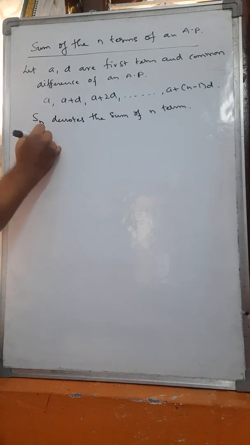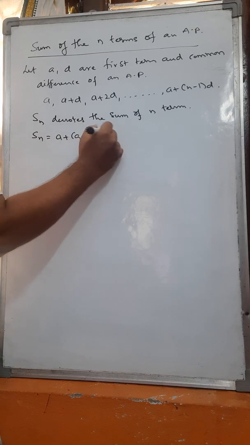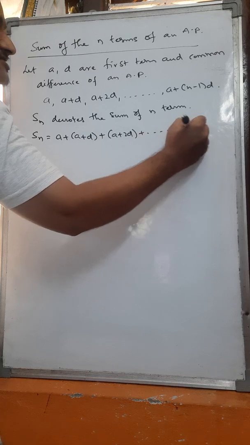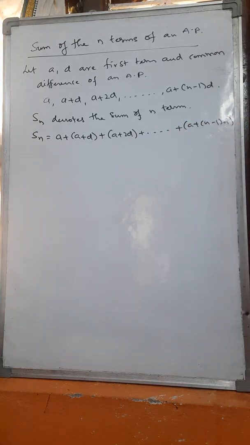That means Sn is equal to A plus A plus D plus A plus 2D plus and so on plus A plus n minus 1 into D. This is the sum of the n terms of the AP.